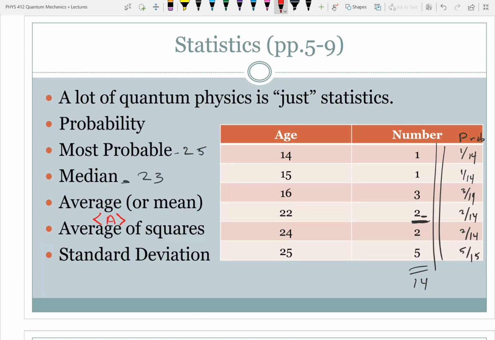So that less than, greater than sign combination means we're finding the mean, and we have a special term for it, expectation value. So, expectation value of A is how I'd read what I wrote.